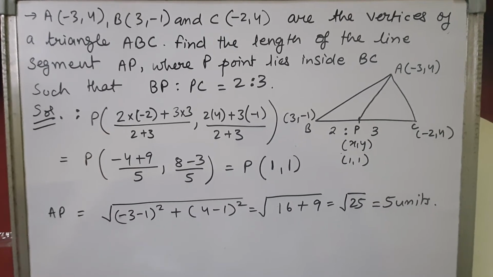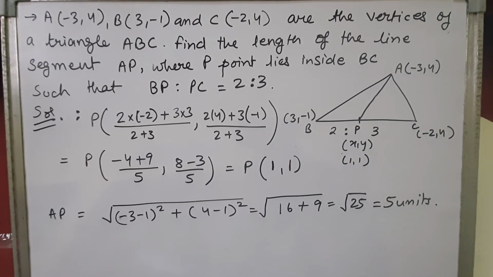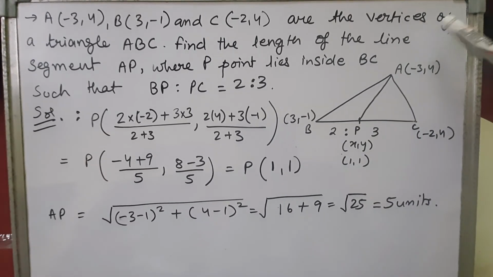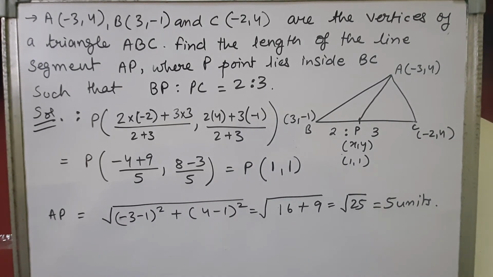Let's see another sum here, children. In this sum, it is given that A (-3, 4), B (3, -1) and C (-2, 4) are the vertices of the triangle ABC. Find the length of the line segment AP, where P lies inside BC such that BP is to PC is 2 is to 3.